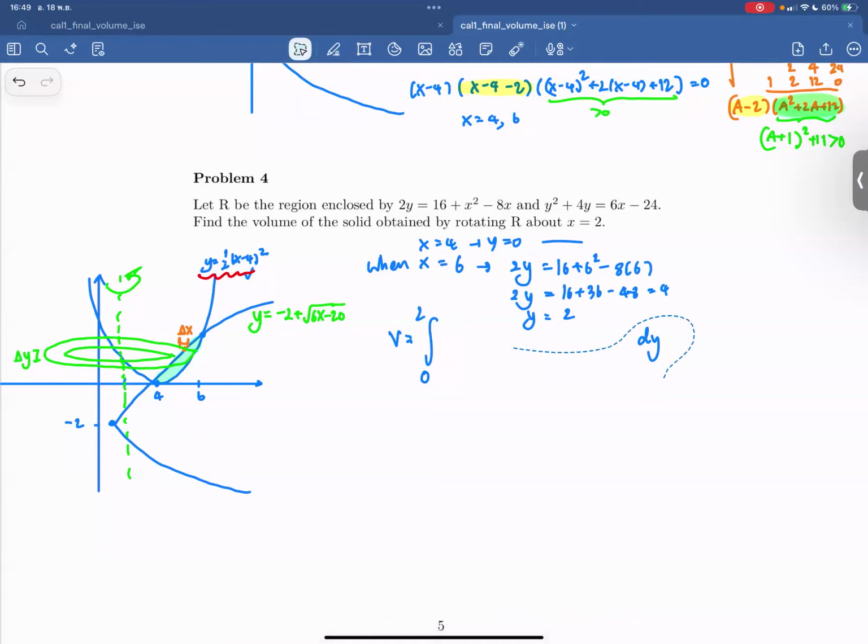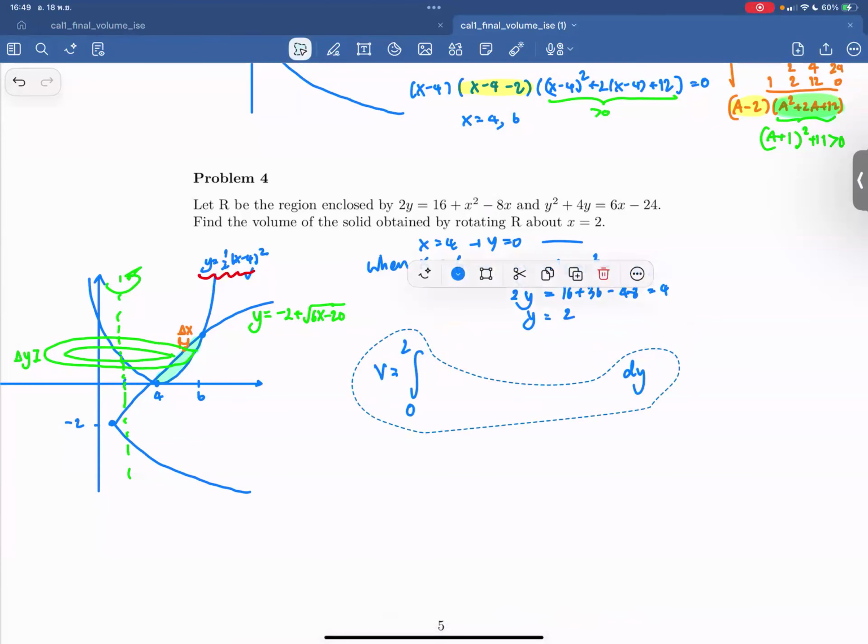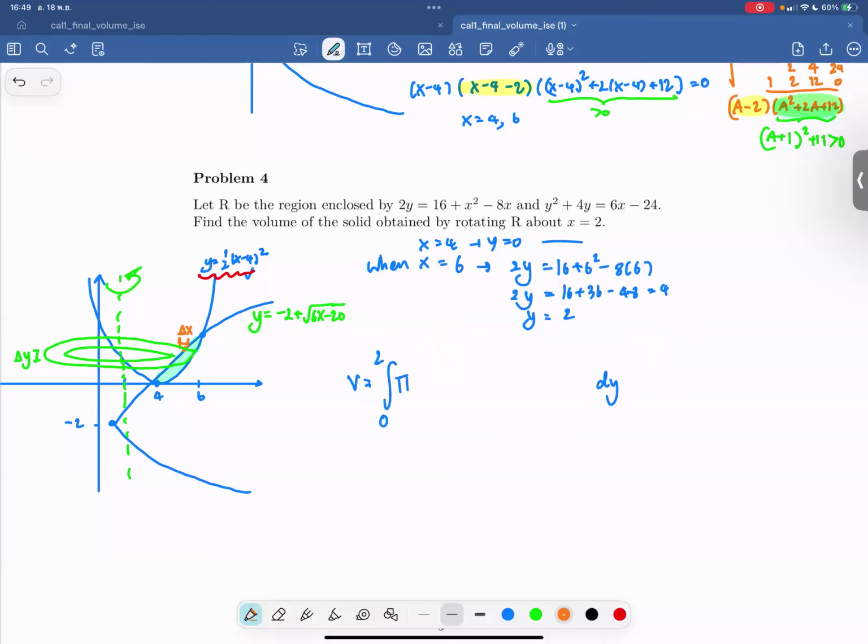So for the inner and outer radius, you have to determine it carefully. The outer radius is over here, and the orange one should be written in terms of y, right? Because we change the variable of integral.